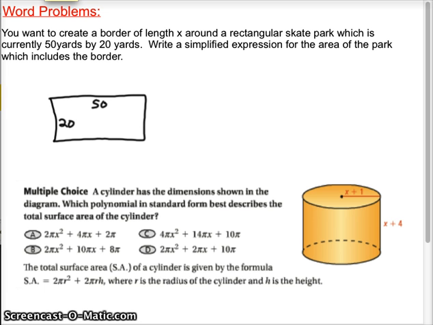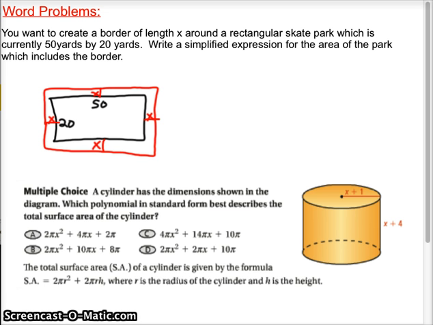And now, around it, I'm creating this border. All right, that border has length x everywhere.